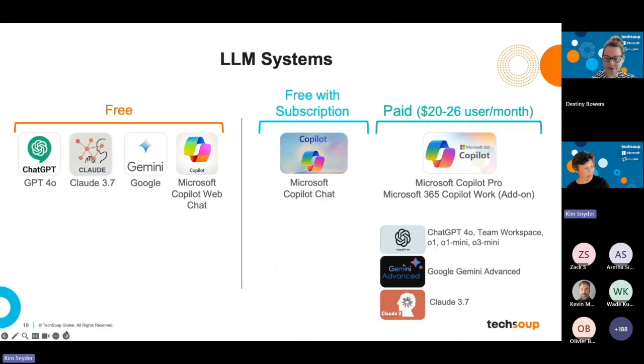So the LLM systems that are out there, this is just a very high level overview of them. There's a bunch of free tools, and these all come in paid versions too. On the free tool side of things, we've got ChatGPT, Claude, Gemini, that's the Google product, and Microsoft Copilot Web Chat.